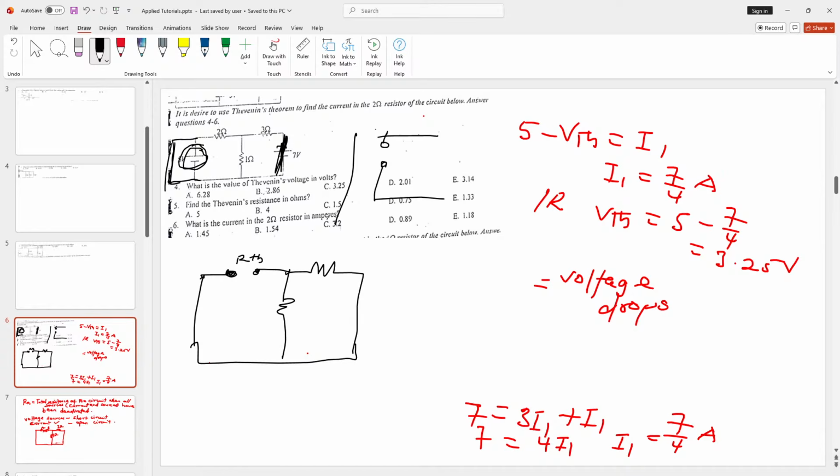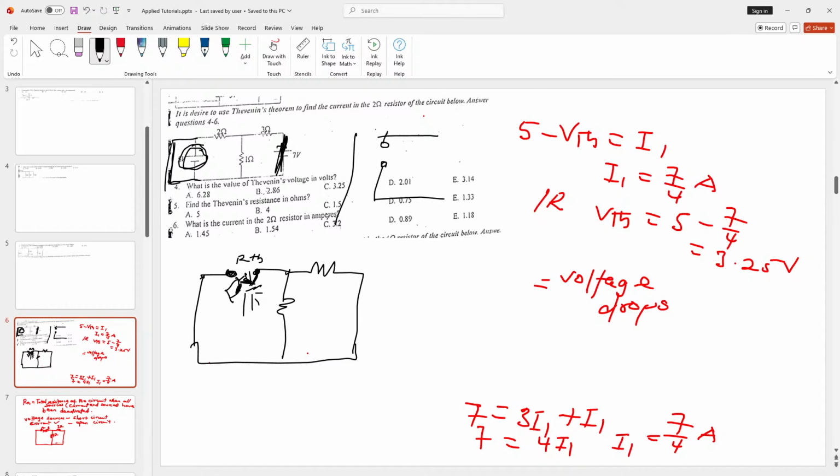We open the terminals so that we can look through and then calculate the equivalent resistance. So you open circuit it, and let's say this is where your eyes are. Looking through this path, the open circuit, what is the equivalent resistance, or the total resistance? That is just what it means.